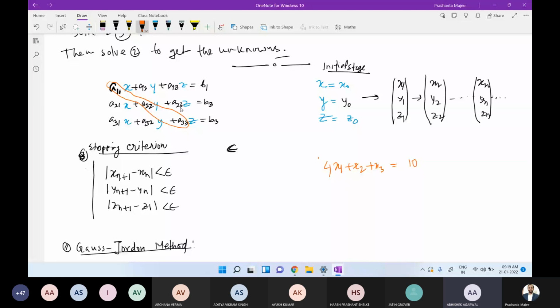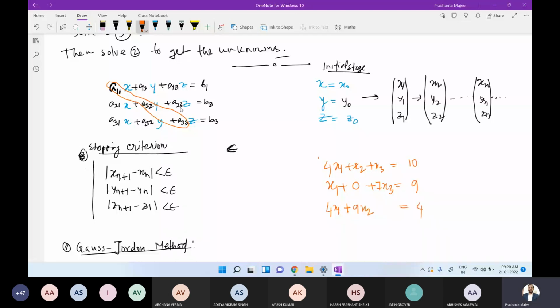Then x1 plus some here is 0 plus, let's say, 7x3 equals to 9, and let me add another equation, 4x1 plus 9x2 equals to 4.